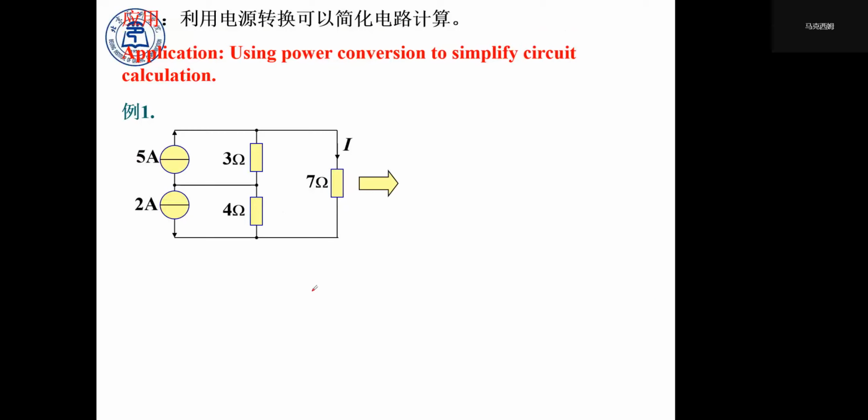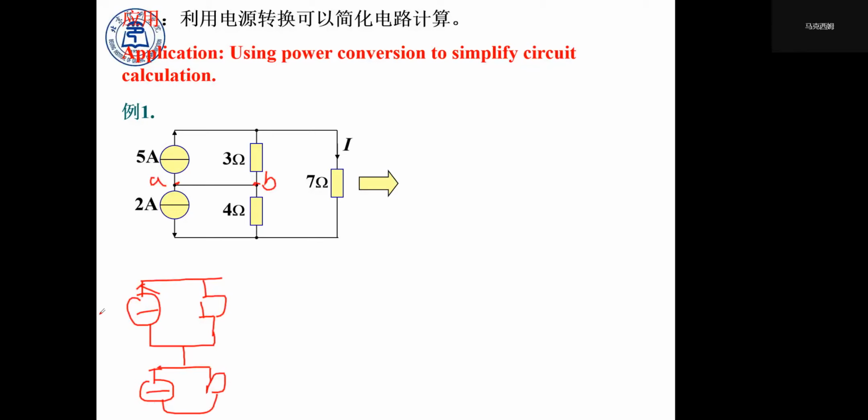We see that this point and this point are connected by a wire. So point A and point B are actually the same port. So we can redraw the diagram into this.